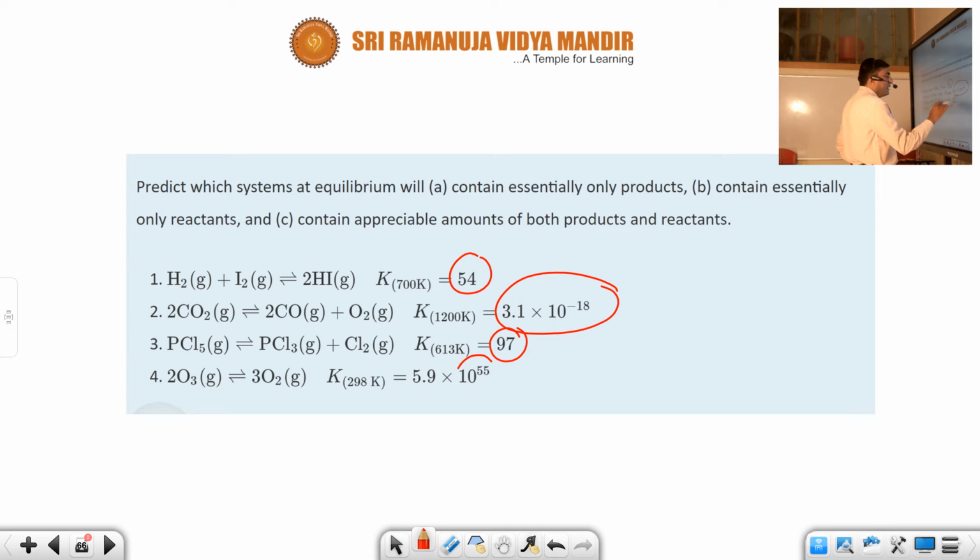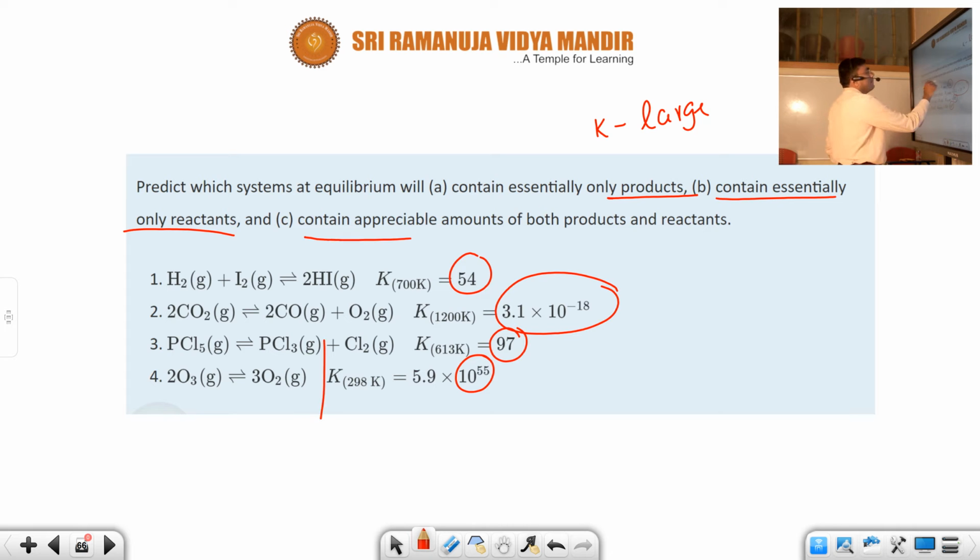What is the value of K here at 298 Kelvin? Which systems at equilibrium will contain essentially only the products? Only the products means the K value should be large. B contains essentially only reactants, and C has an appreciable amount of both products and reactants.